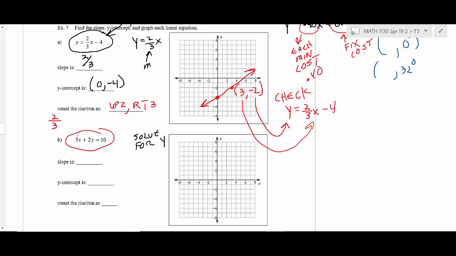You can do this in your head. You can move the 5x to the other side, so you would have 2y equals -5x plus 10. Then divide by 2, so that's y equals -5/2 x plus 5.